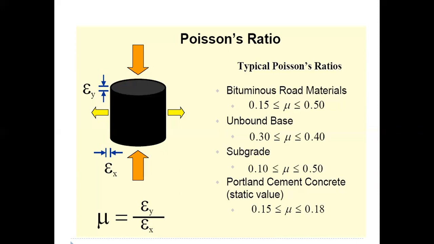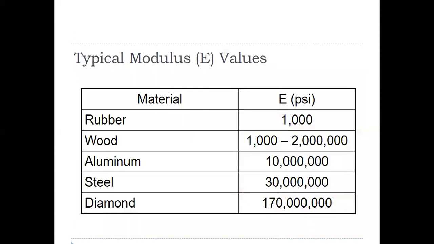Other materials, the typical value of elasticity modulus is rubber 1000, wood 1000 to 2 million, aluminium 10 million, steel 30 million, and diamond 170 million.